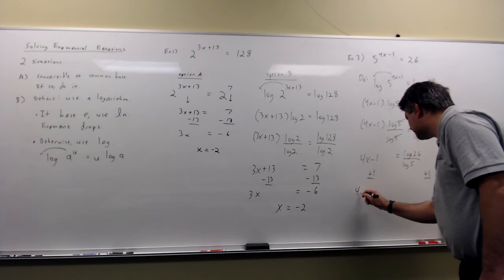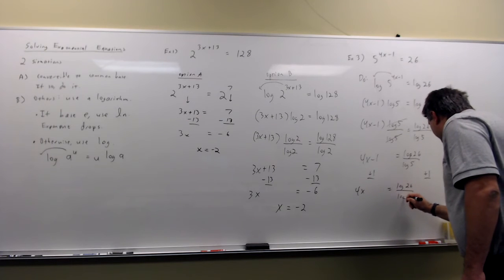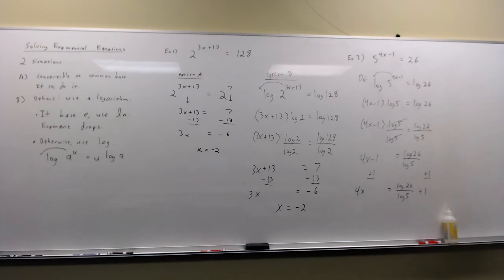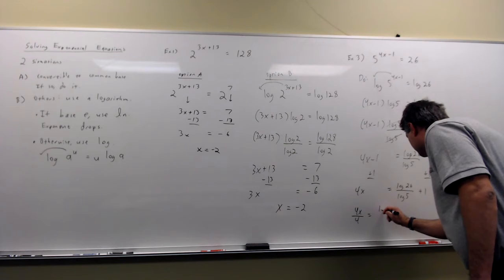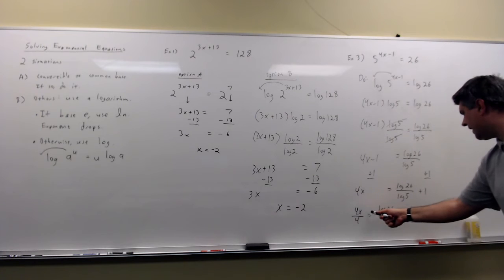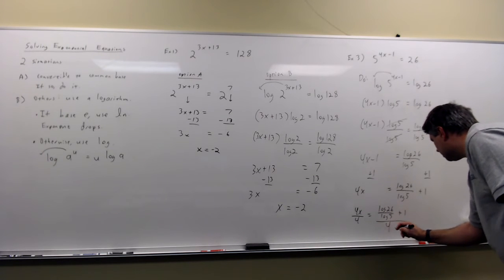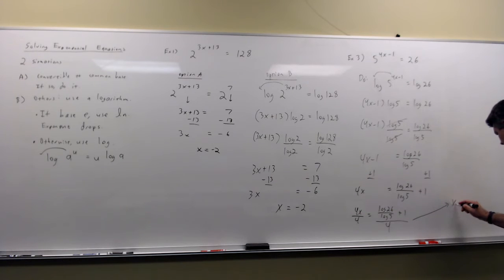So I'll have 4x equals log 26 over log 5 plus 1. Next I need to divide off the 4. I'll be dividing all this over 4. So that leaves me x equals log 26 over log 5 plus 1, over 4.